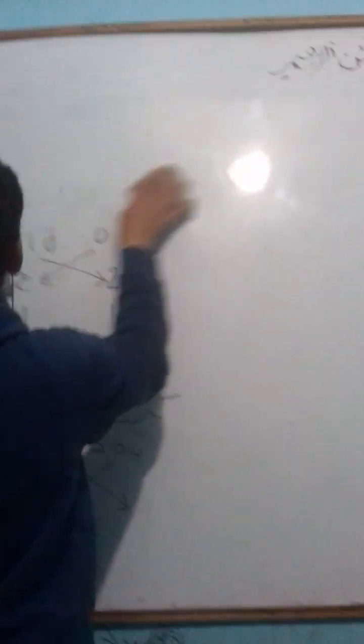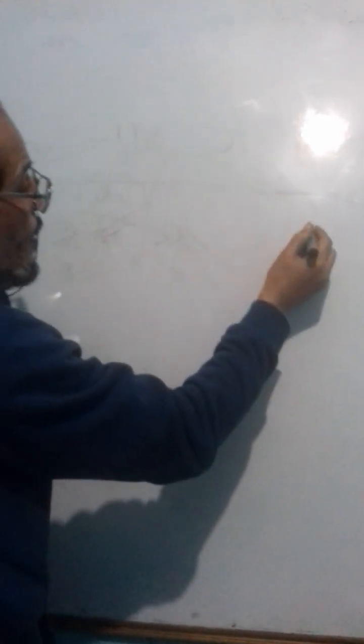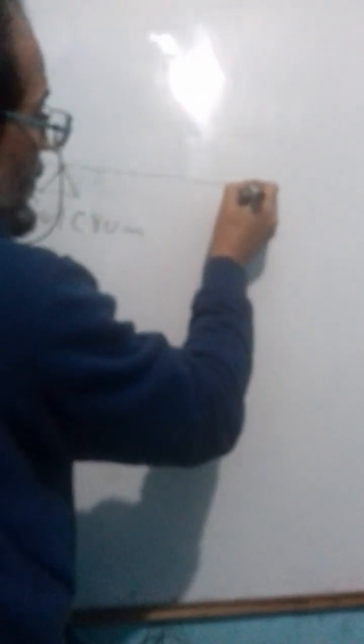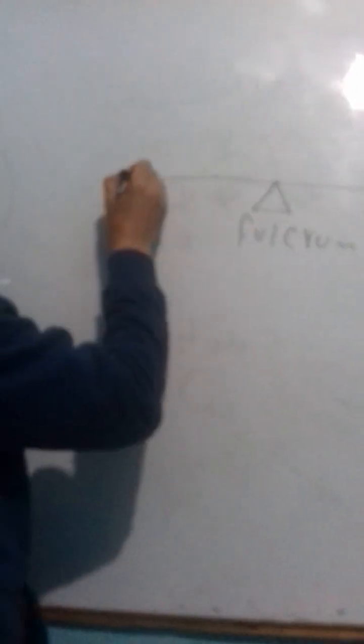If this is the lever, this point is the fulcrum, this end is the effort force, and the second end is the resistance.